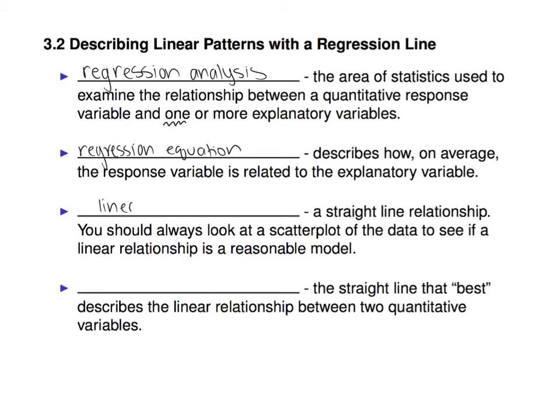Don't assume things are linear. And finally, the regression line. This is the straight line that best describes the linear relationship between two quantitative variables. We'll talk more about what that best means in a little bit.